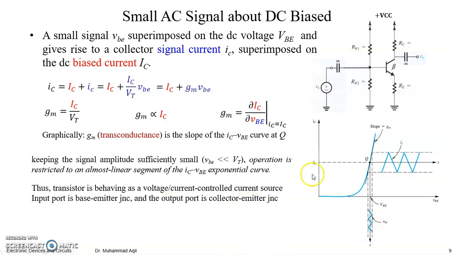So the last sentence means that the transistor is behaving, for this small AC signal and this biased current and voltage, as a voltage controlled current source. It means at the output we have a current source whose value is controlled by a voltage, or we have a current source at the output which would be controlled by an input current, right?